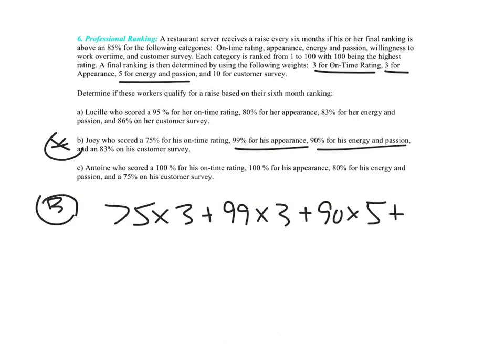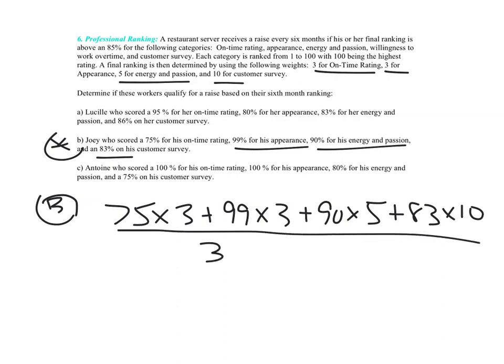And then finally we'll add the customer survey 83 and the customer survey weight of 10. We'll divide Joey's scores by the sum of the weights, 3 plus 3 plus 5 plus 10. Enter this into our calculator, and let's figure out what Joey's rating is.